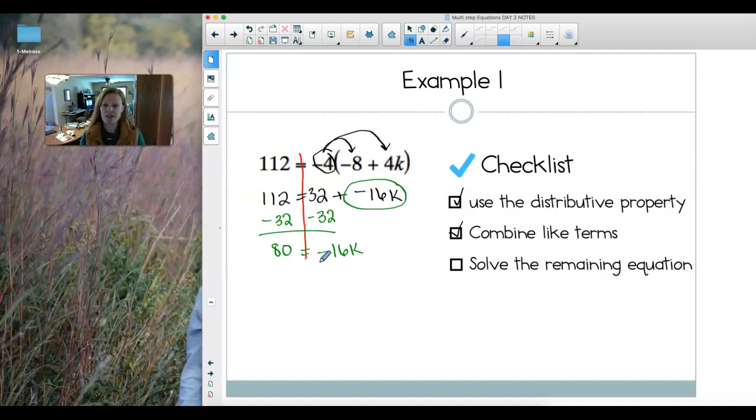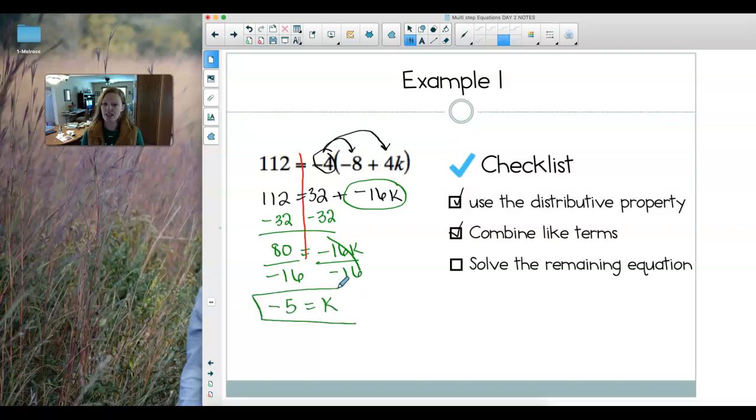And then the last step is to divide by -16. Divide by -16. And 80 divided by -16 ends up being -5. So these cancel. We have 80 divided by -16 is -5 equals k.